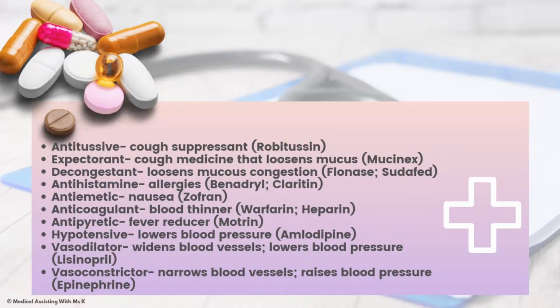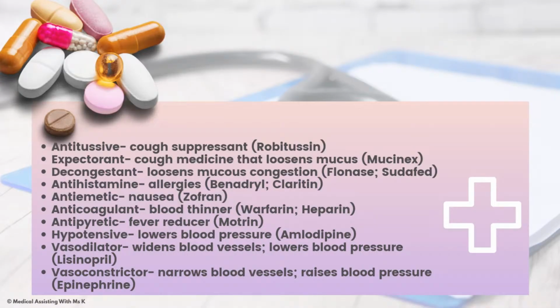An expectorant is a cough medicine that loosens mucus. An example is Mucinex. A decongestant loosens mucus congestion. Examples are Flonase and Sudafed. An antihistamine is used for allergies. Benadryl and Claritin are examples.